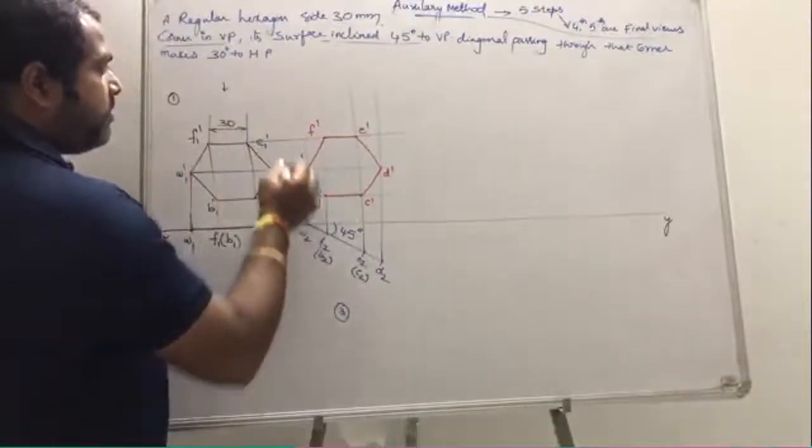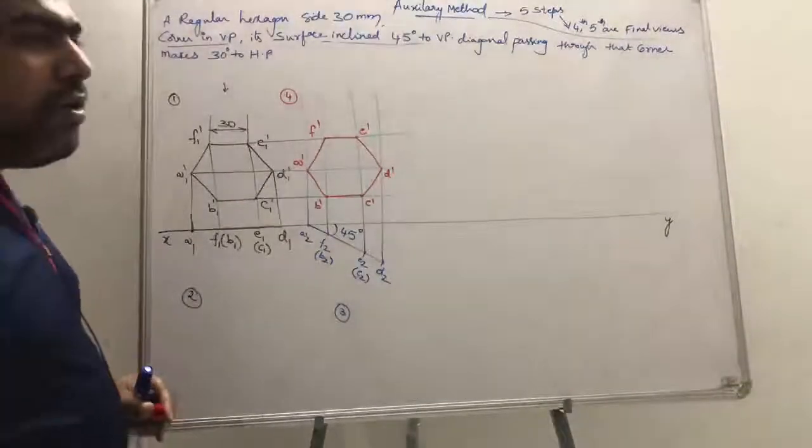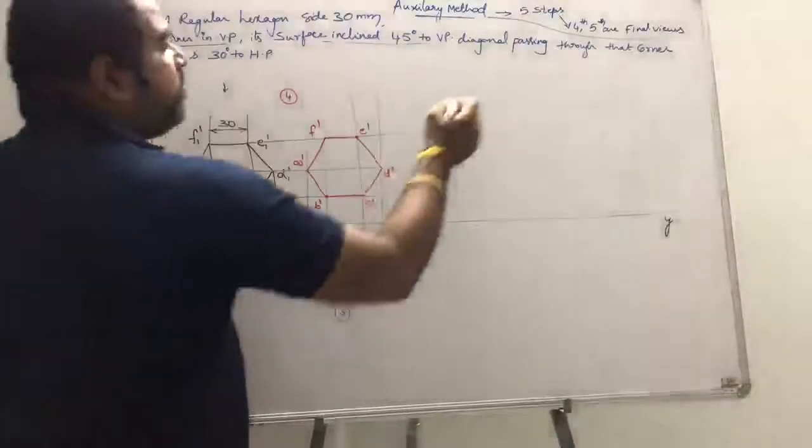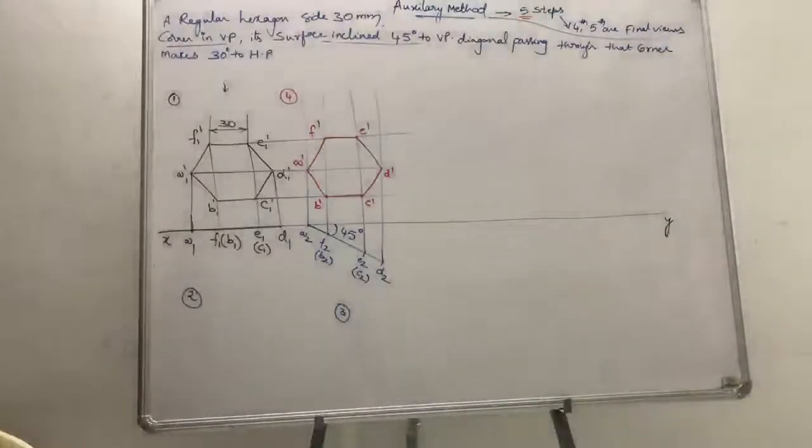So this becomes your fourth step. Now I know that in the auxiliary method you are going to obtain 5 steps, and the fourth and fifth are going to be our final views. So what is the fourth step which we obtained?